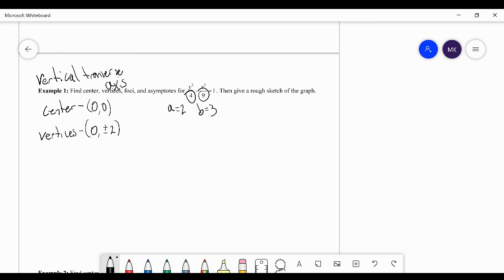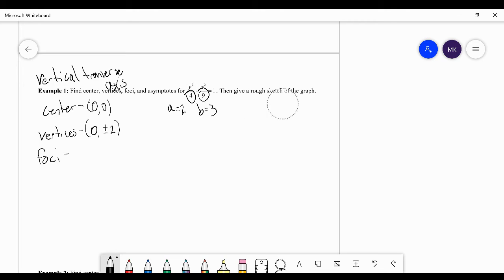Okay. Now our foci require a little bit of work because remember, those are going to be 0, comma, plus or minus c. So let's solve for c. We know that c squared is equal to a squared plus b squared.